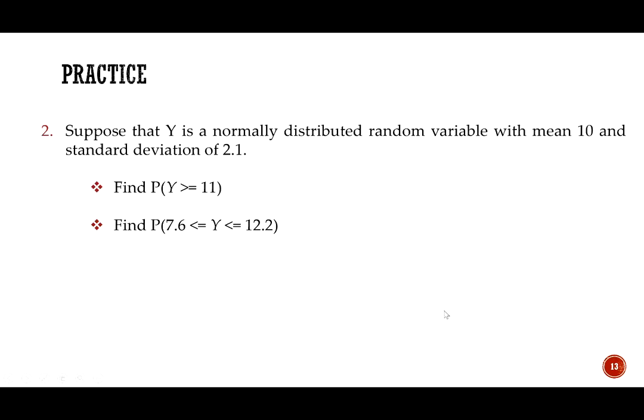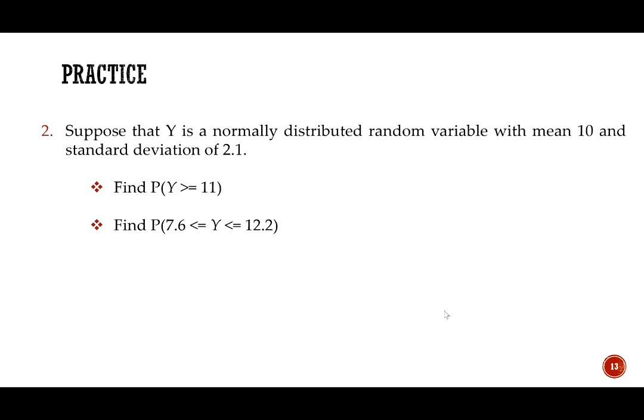The last question, suppose that y is a normally distributed random variable with mean 10 and a standard deviation of 2.1. We want to find the probability that y is equal or greater than 11. So if we want to find this probability, we need to transform this into a standard normal distribution and use the tables that we have in the back of a statistic book.